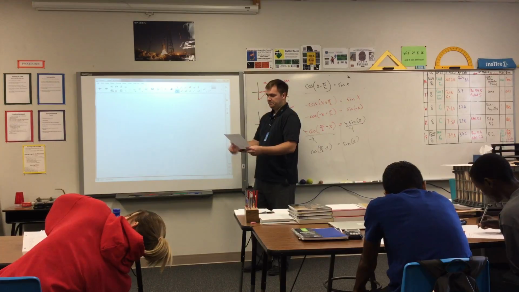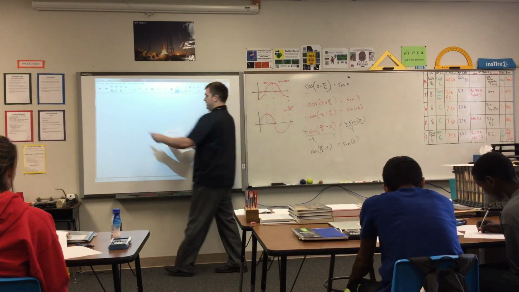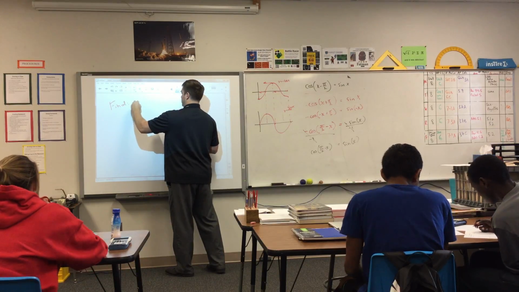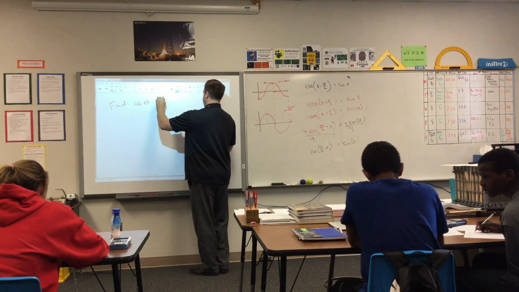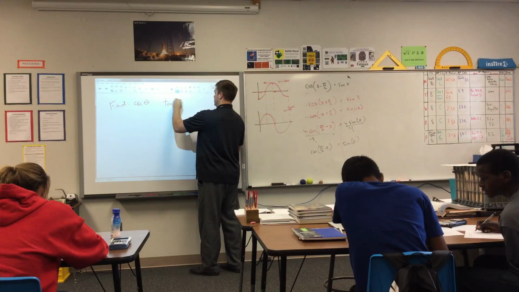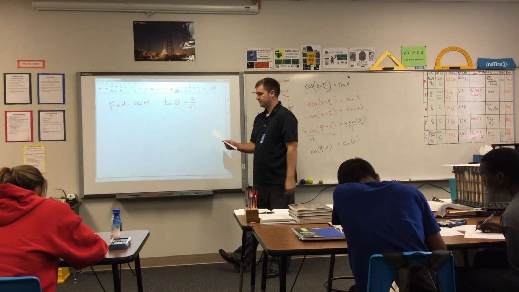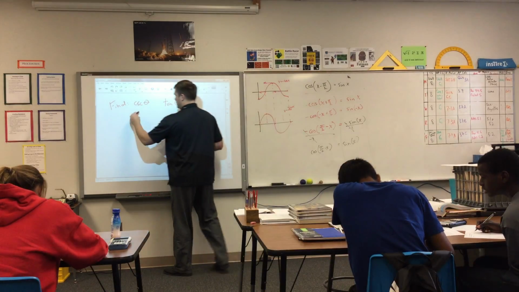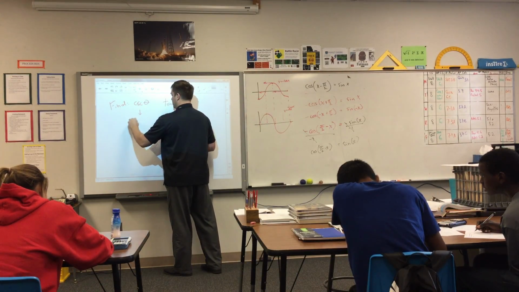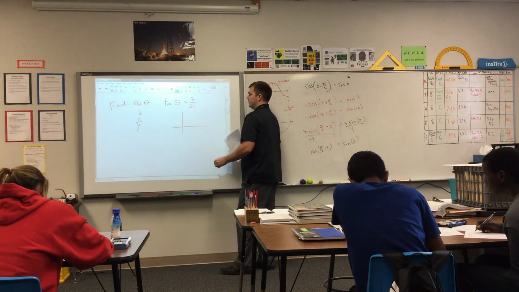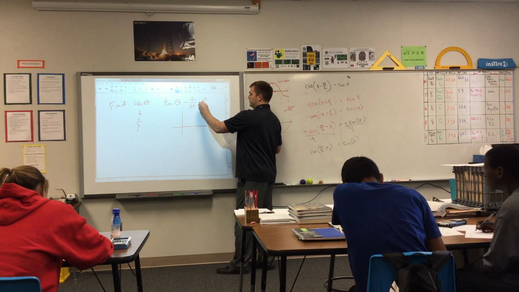Okay. Let's pick another one. Find cosecant theta if tangent of theta is 7 over 24. Well, what's cosecant? R over y. What's tangent? Y over x.